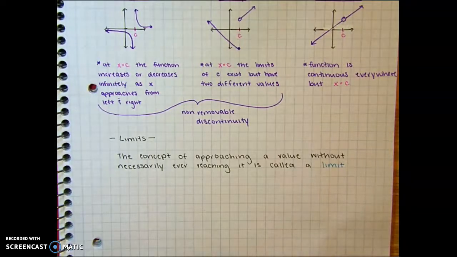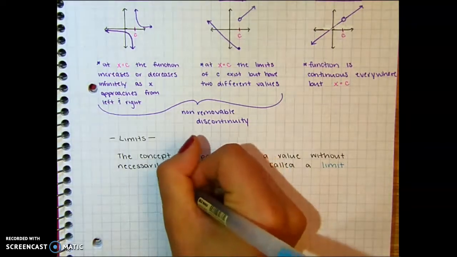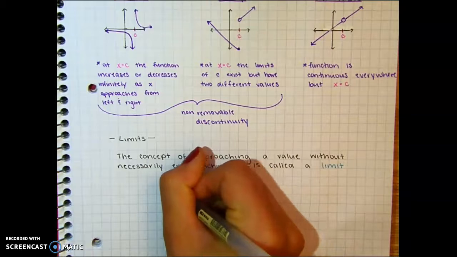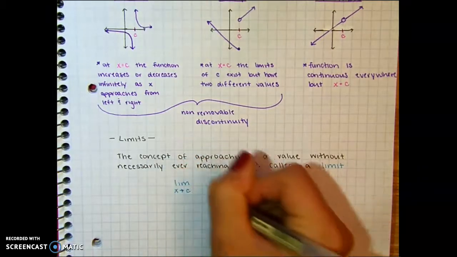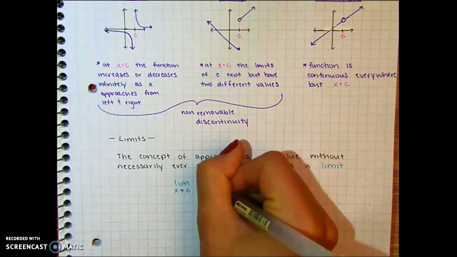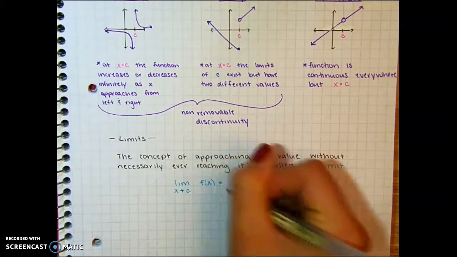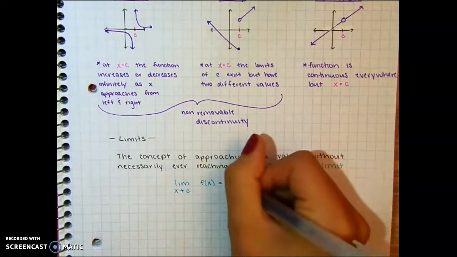So if the value is getting really close, the notation is limit as x approaches C of f of x equals some value L.